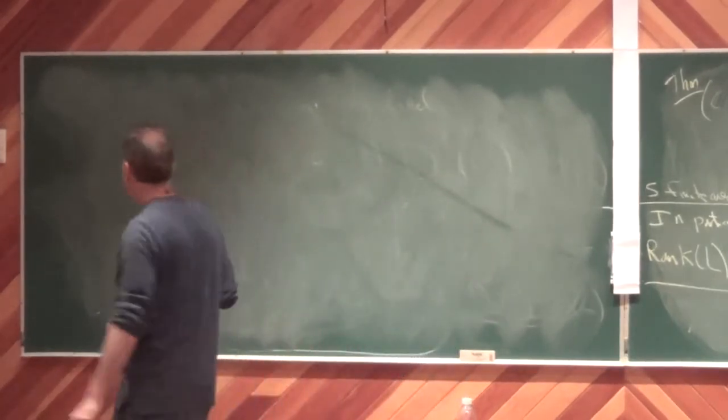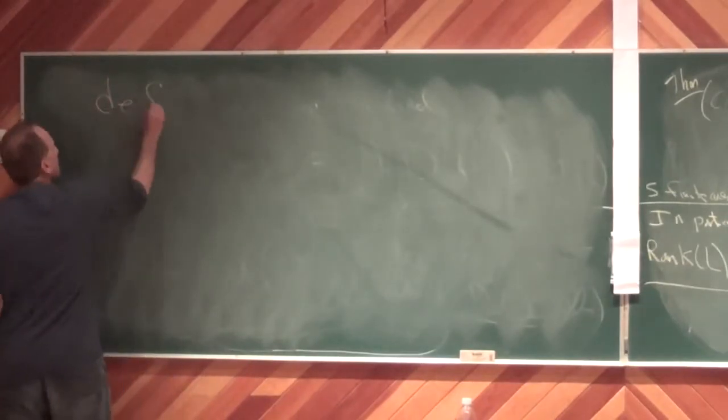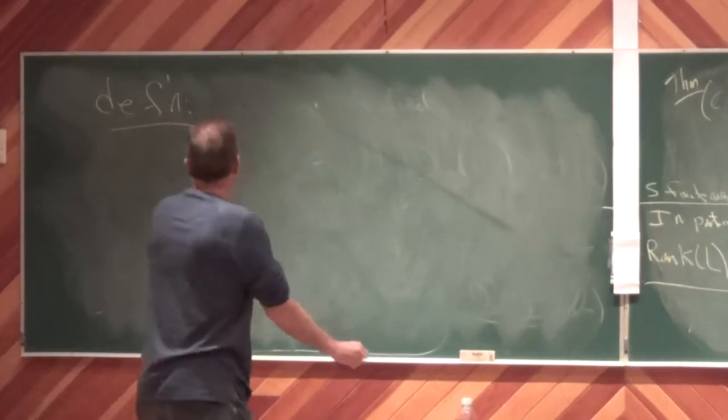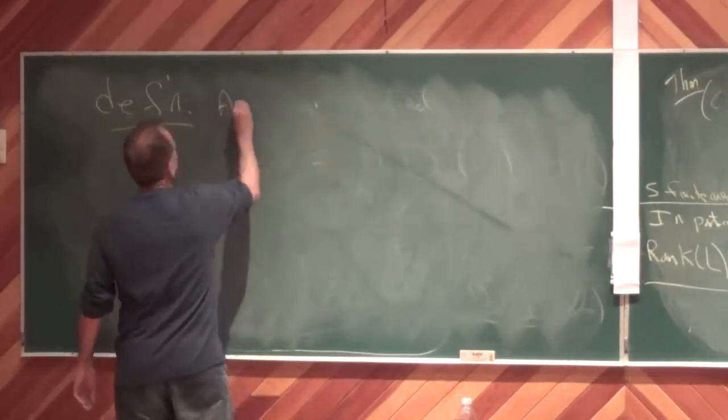So this definition makes sense, and I'm going to give you examples in a moment. So S is a hyperbolic surface.